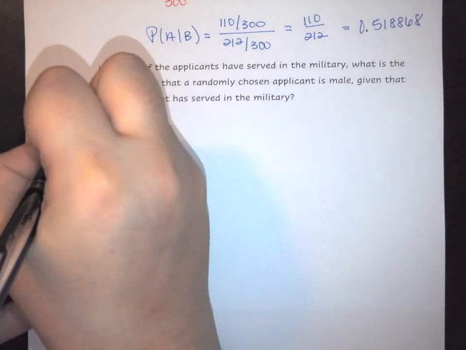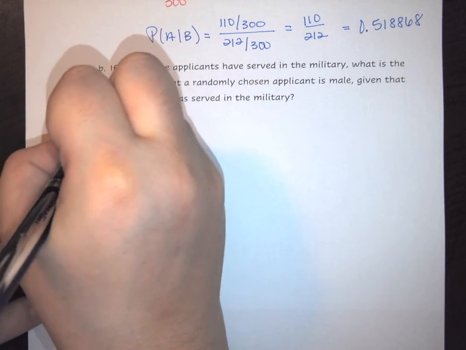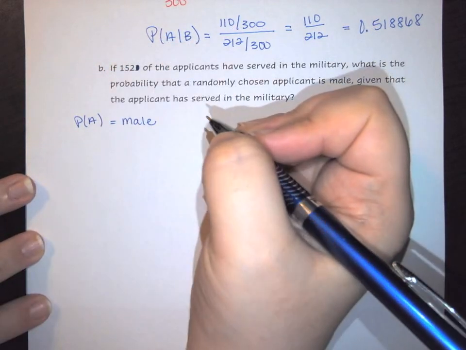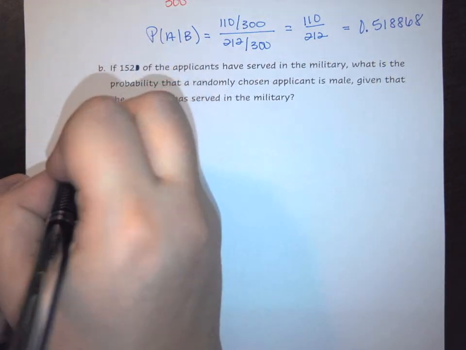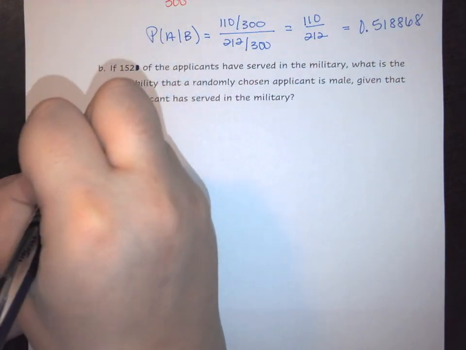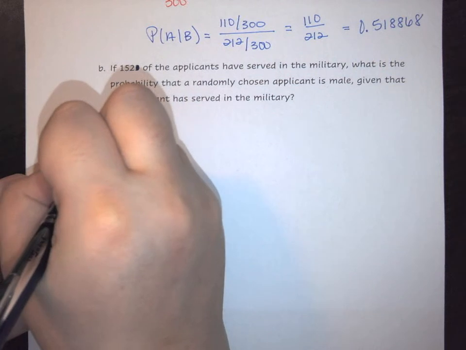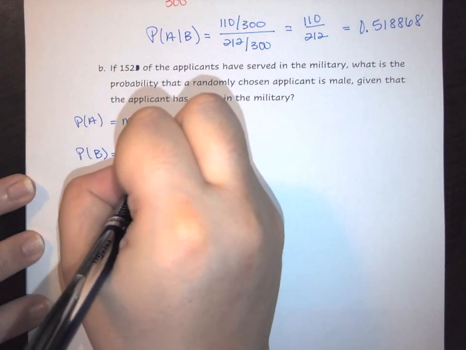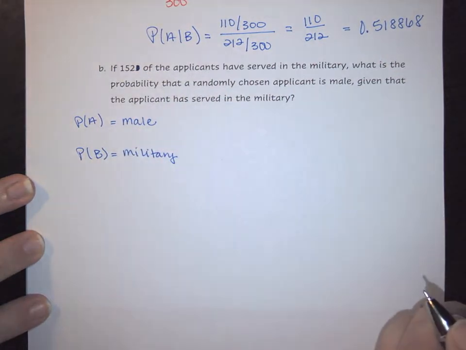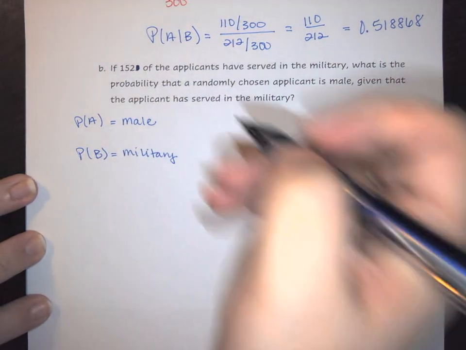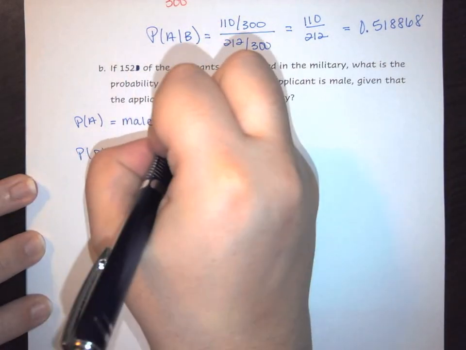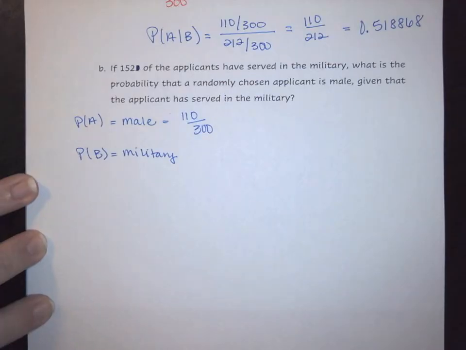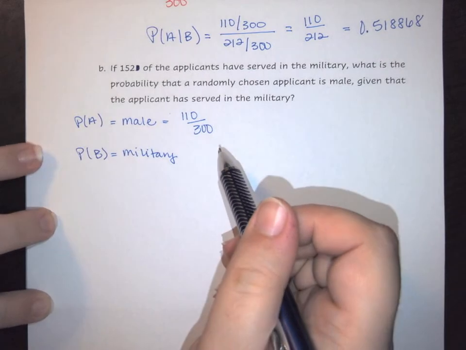In this case, the probability for A is going to be male, and the probability of B is going to be military. So we know that 110 out of 300 is my probability of serving and being male.